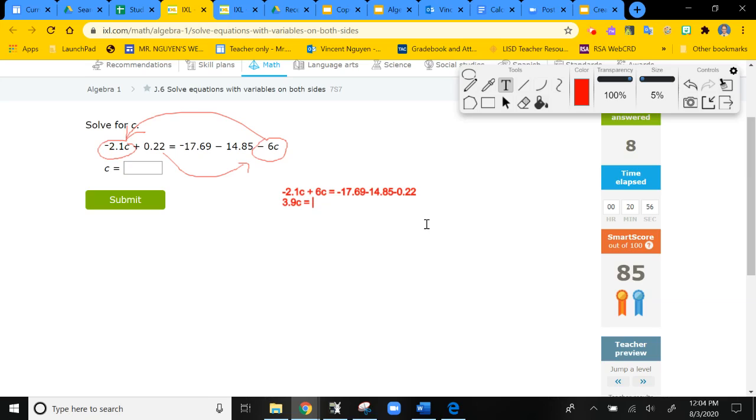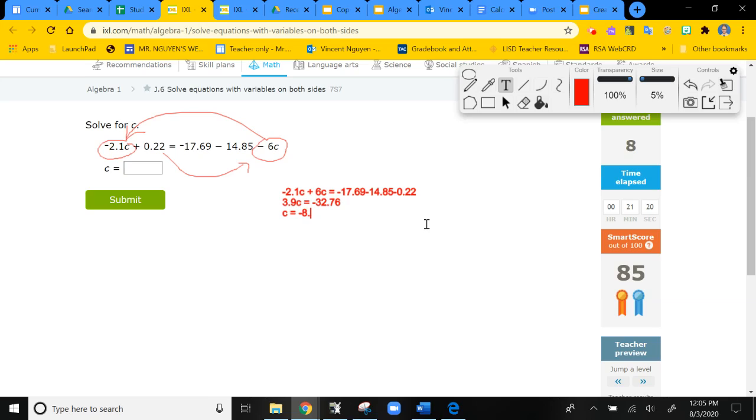I get negative 32.76. Then I'm going to divide by 3.9 so that c is by itself. I take the negative 32.76, divide by 3.9, and I get negative 8.4.